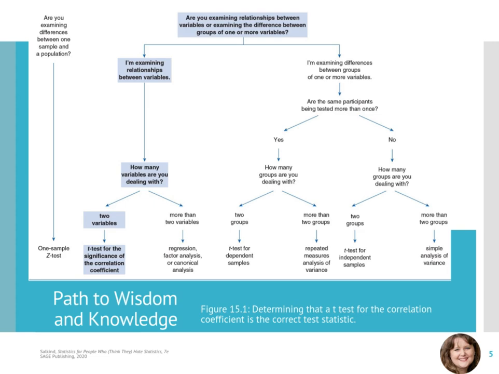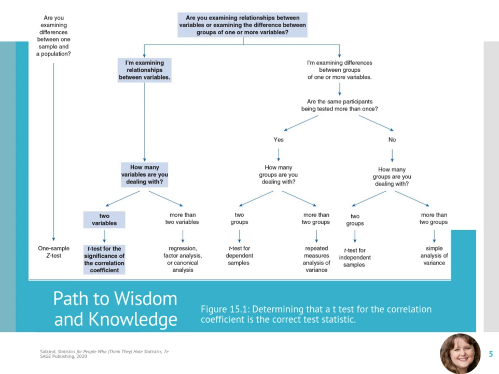If it's just two, then you can look at the t-test for the significance of the correlation coefficient. If it's more than two, you're going to need something more fancy like a regression, which we'll cover in this class. Factor analysis is rarely used in clinical psychology or in psychological research. Canonical analysis, possibly. So just be aware, those are the typical things.